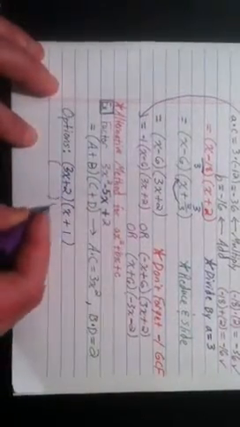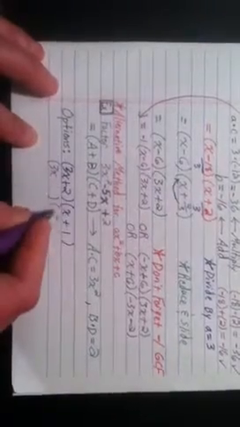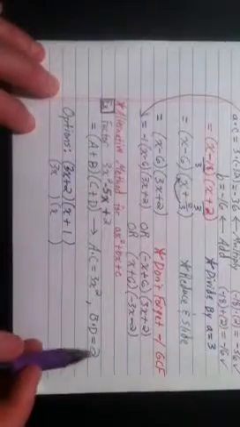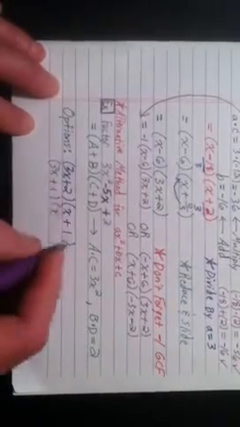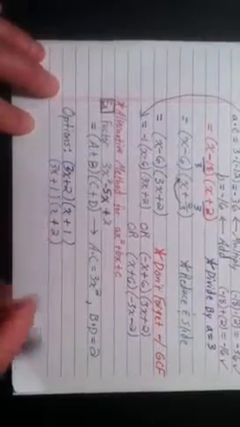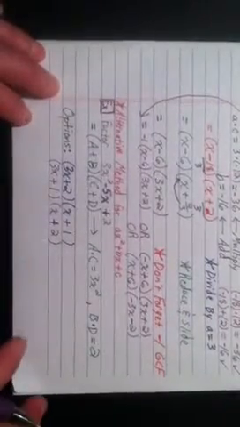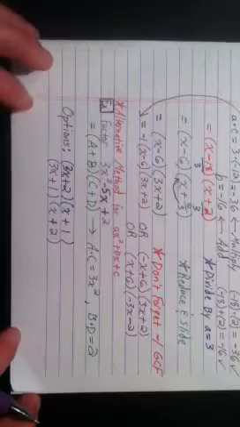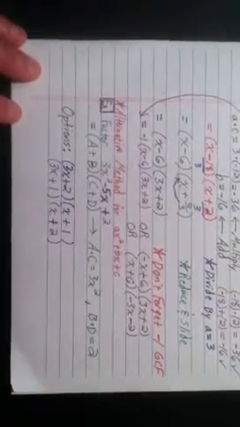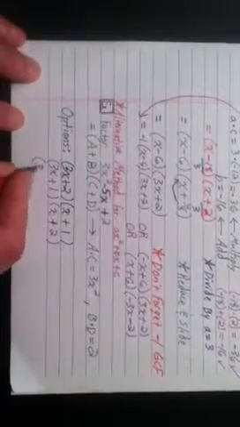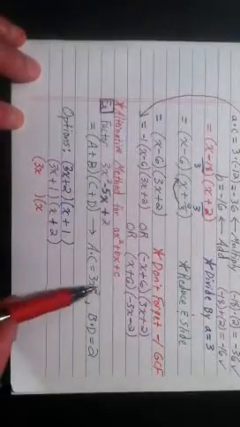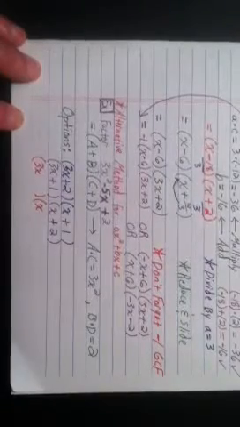Well, another possibility, again, could be 3x times x to get 3x squared. Another way we could multiply to get 2 would be if we had the positive 1 there and the +2 there, just reversing the 1 and the 2. Okay, that's going to give you a different answer if you FOIL that out. There are two other factors of 2, though, we haven't considered yet. Again, we could have 3x times x, because it has to give us 3x squared, and that's the only way to do it.